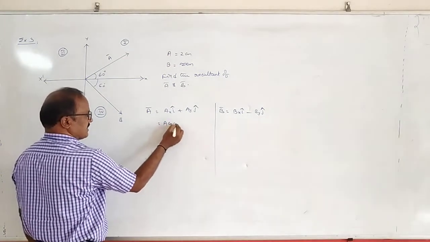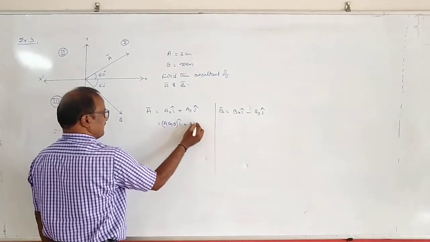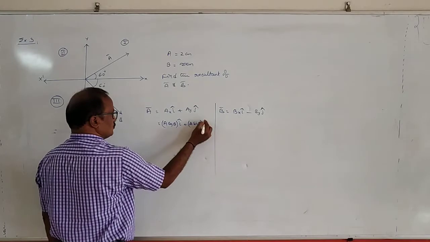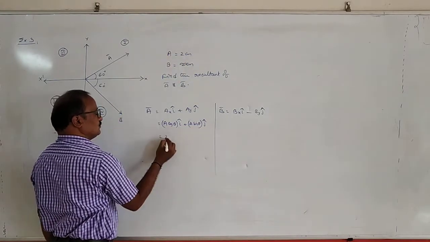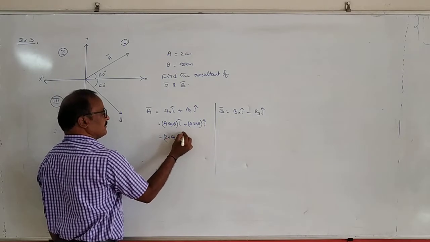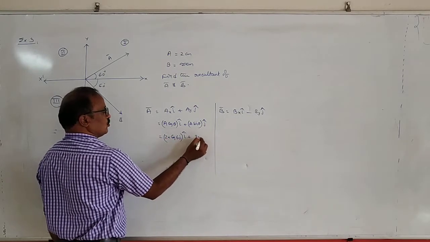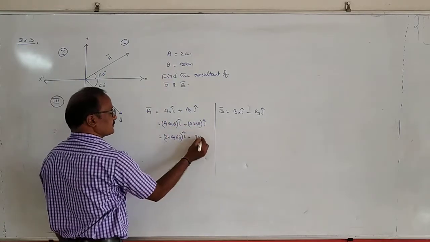Ax is equal to A cos theta into i cap, plus Ay is equal to A sin theta into j cap. That is, A is equal to magnitude 2 into cos 60 into i cap plus 2 into sin 60 into j cap. Here theta is equal to 60 degrees.